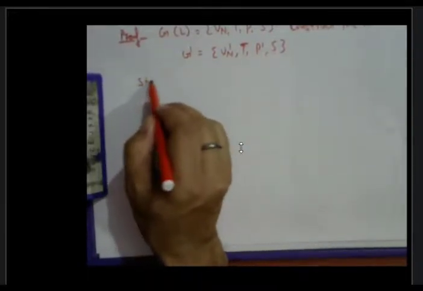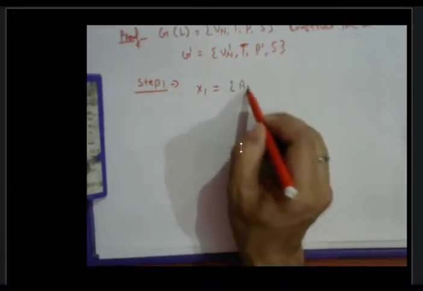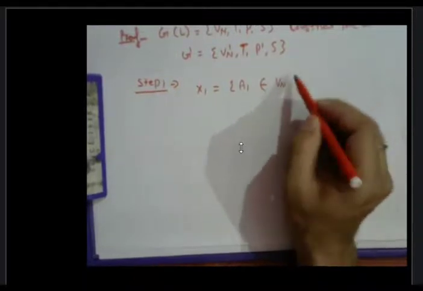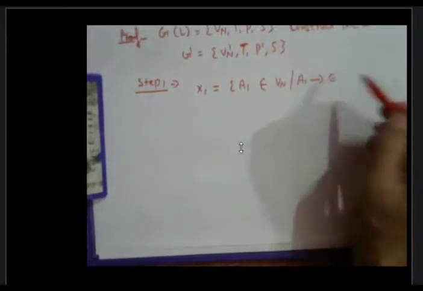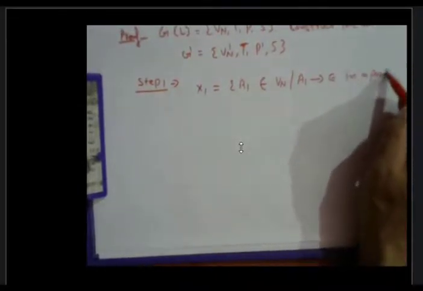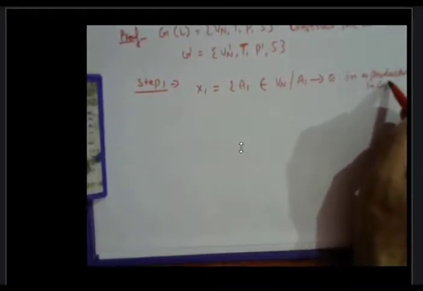Then what steps are we doing? Step one. Suppose X1 is equal to the set of A1 which is an element of Vn such that A1 tends to epsilon is a production in G. Suppose this is the first case, that some variable generates the null production.